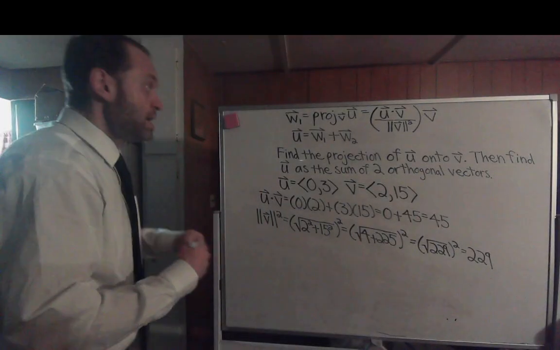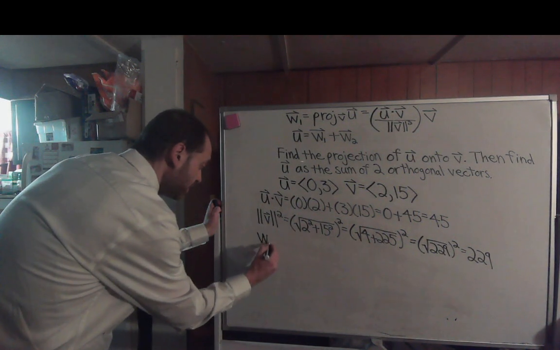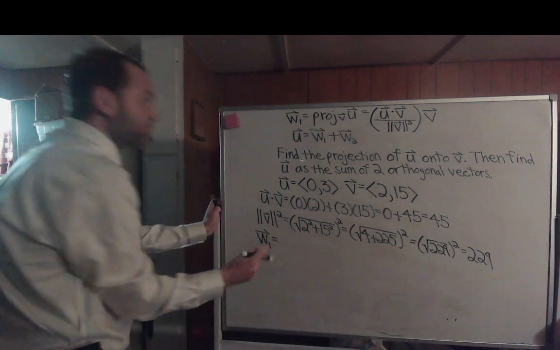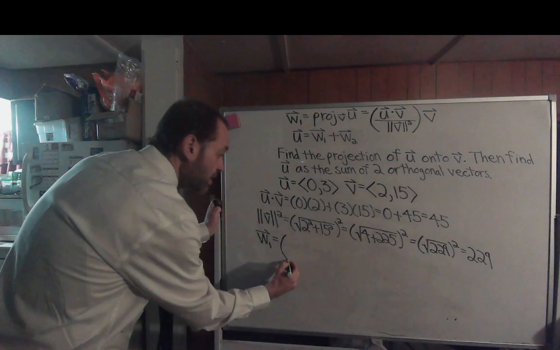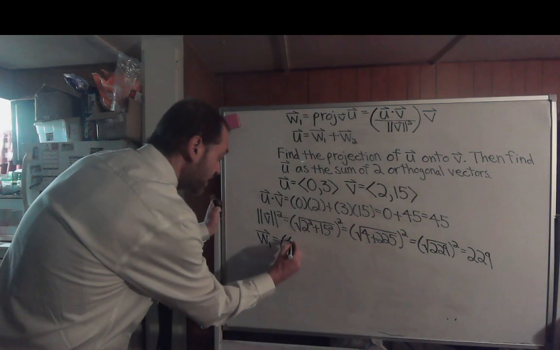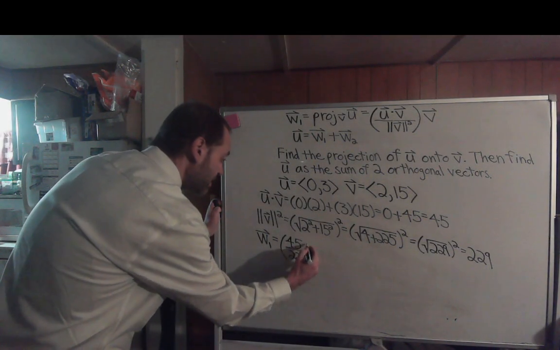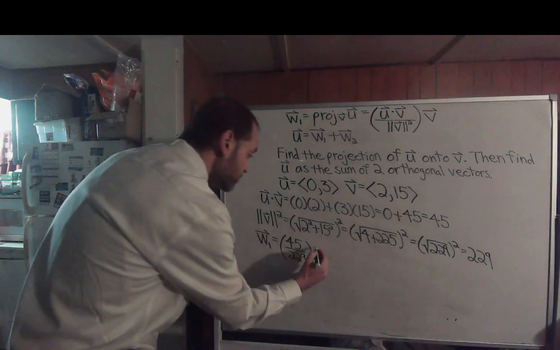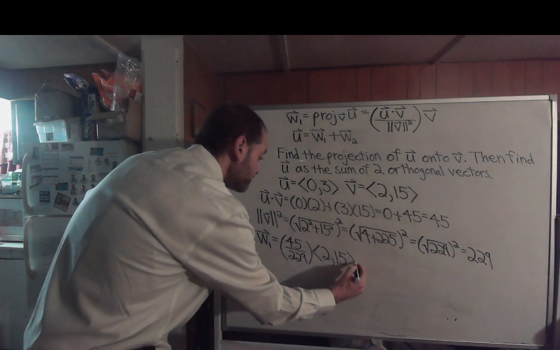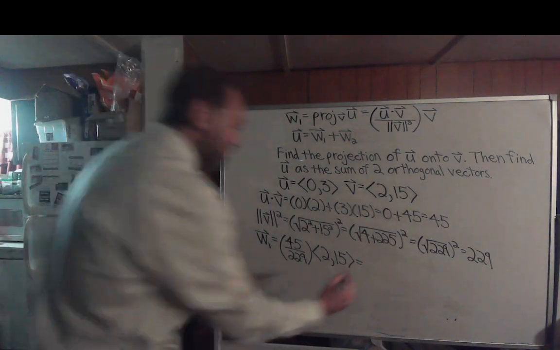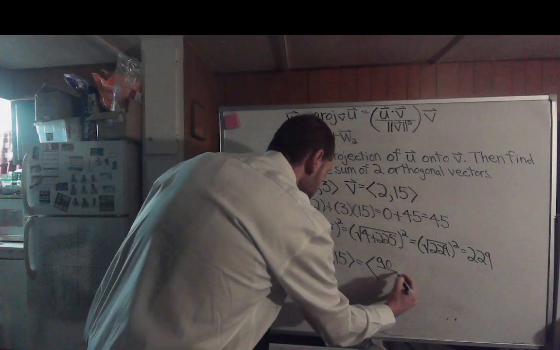So basically then, W sub 1 is the projection of V onto U, which is going to end up equaling that 45 over 229 times vector V, which is 2/15, which would end up giving you 90 over 229.